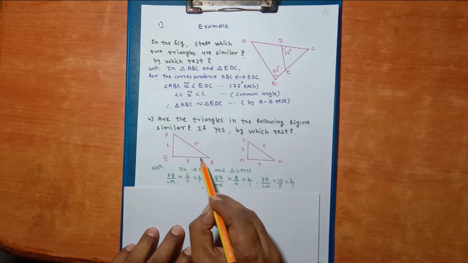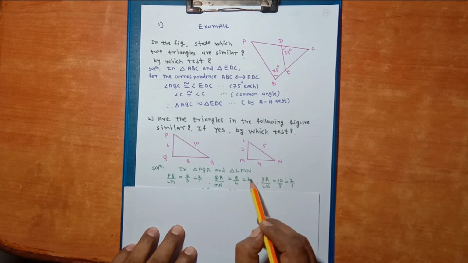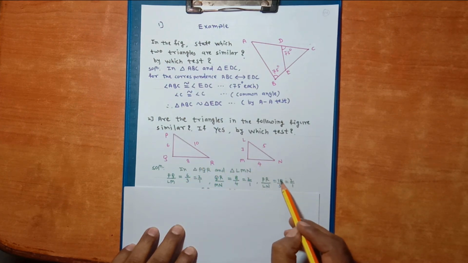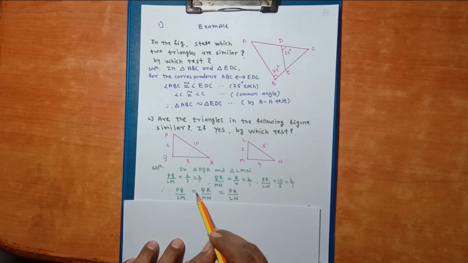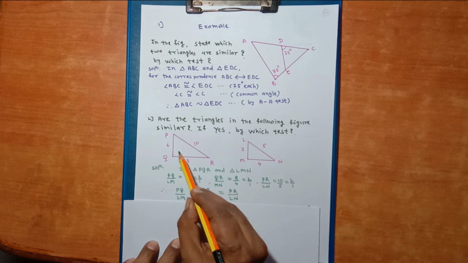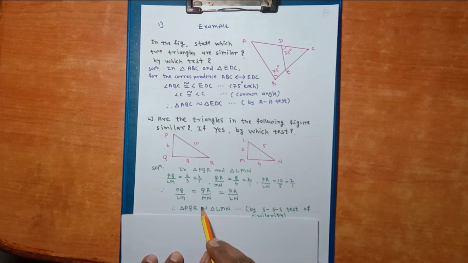QR upon MN is equal to 8 upon 4, which is 2 upon 1. And PR upon LN is equal to 10 upon 5 is equal to 2 upon 1. So from this we can say that PQ upon LM is equal to QR upon MN is equal to PR upon LN. Means corresponding sides are in proportion. So triangle PQR is similar with triangle LMN by SSS test for similarity.